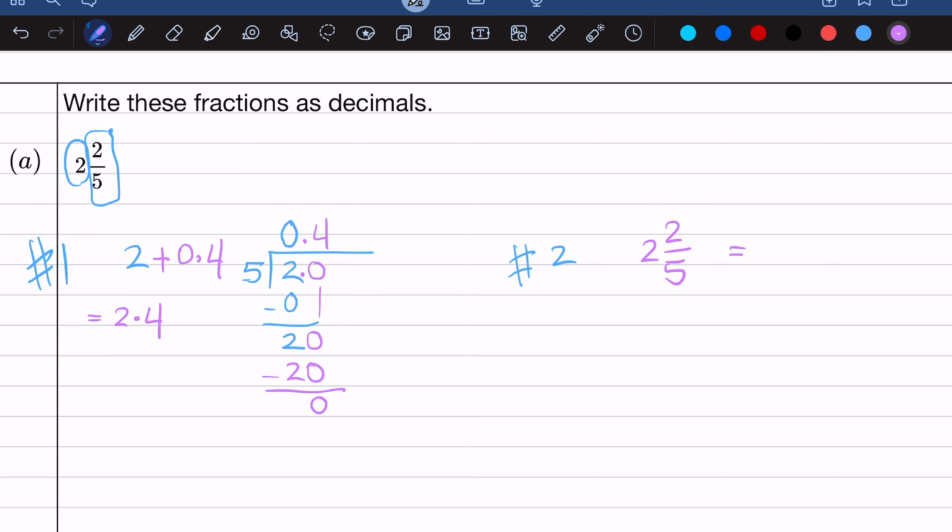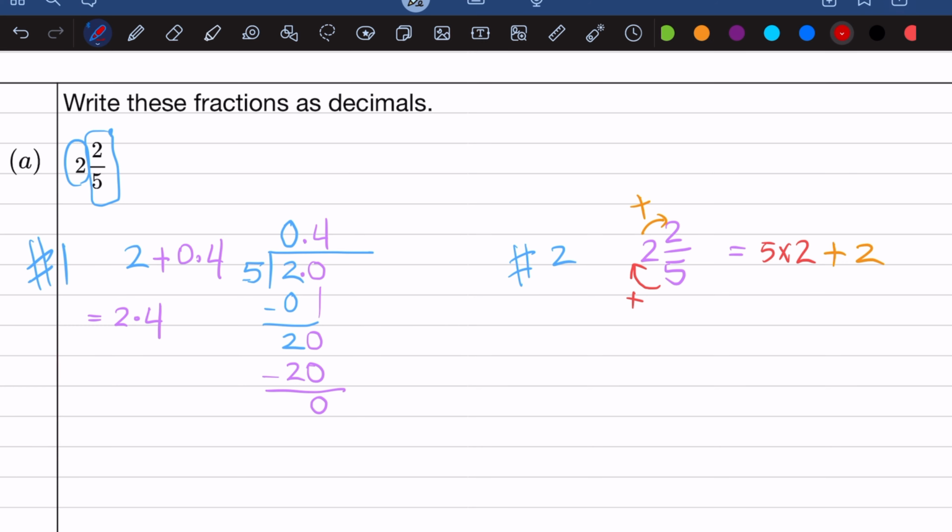When we convert it to our improper fraction, all you got to do is multiply our denominator with the number in front. It's 5 times 2, and you add with the numerator. Add the number 2 like this.